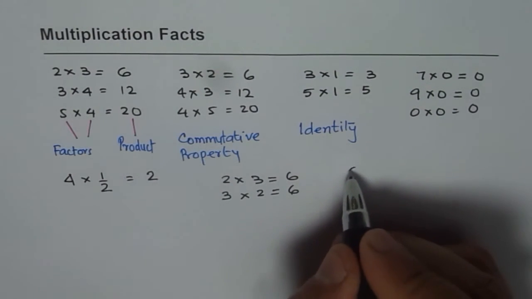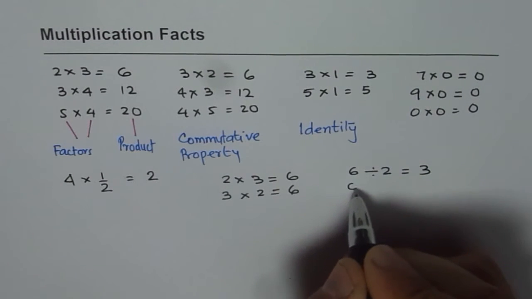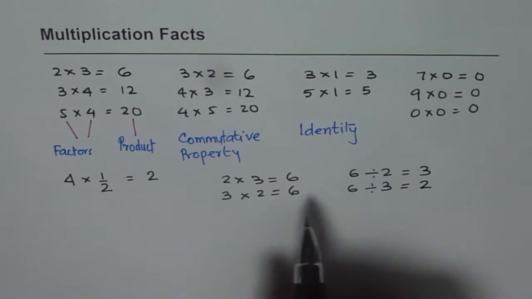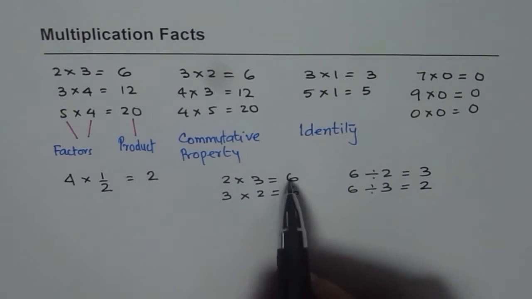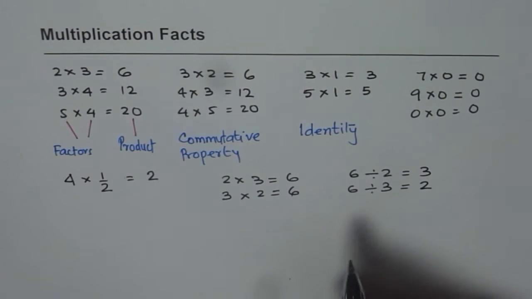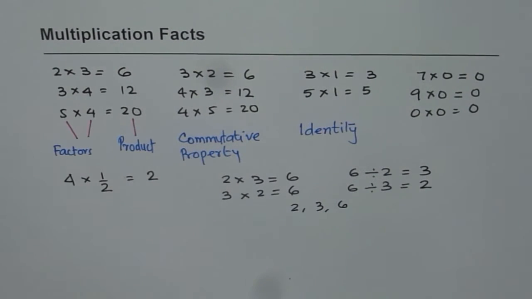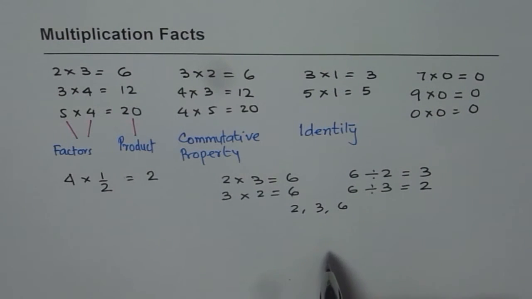But we can also say 6 divided by 2 is 3 and 6 divided by 3 is 2. So that is the division and multiplication relationship. These are 4 different facts in which the numbers 2, 3 and 6 get connected. So that is the connection between them. At times we may also discuss the 4 facts about the 3 numbers.